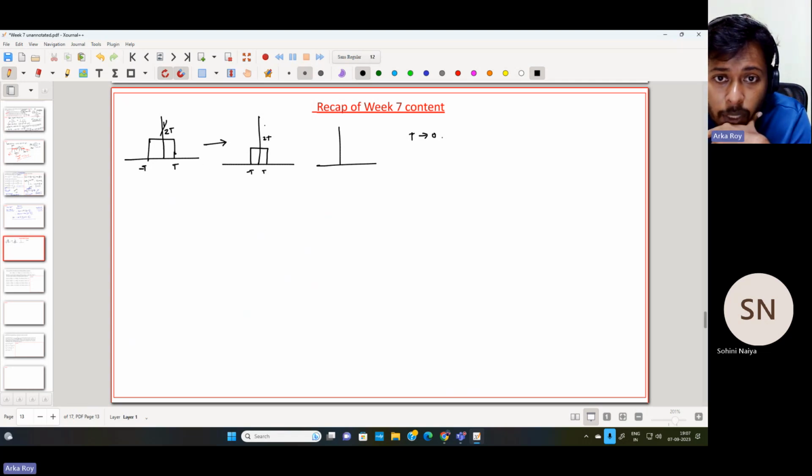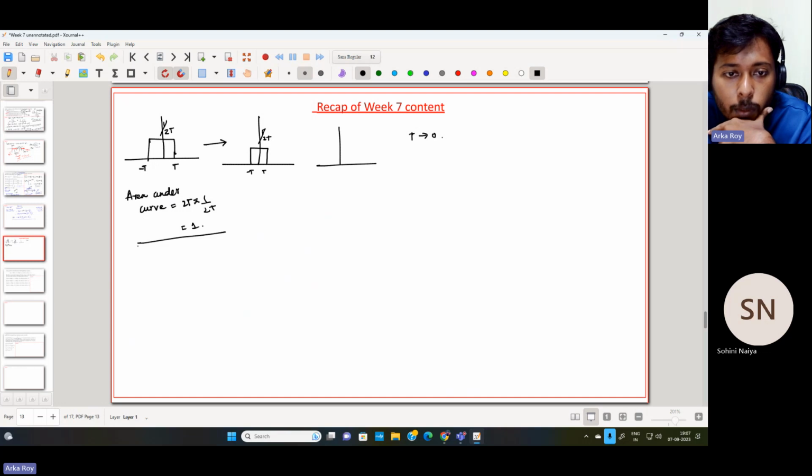Let us consider the amplitude is 1 by 2T. So the area under the curve is 2T multiplied by 1 upon 2T, so the area under the curve is 1. That means if I integrate this particular pulse, the integral value will converge to 1.